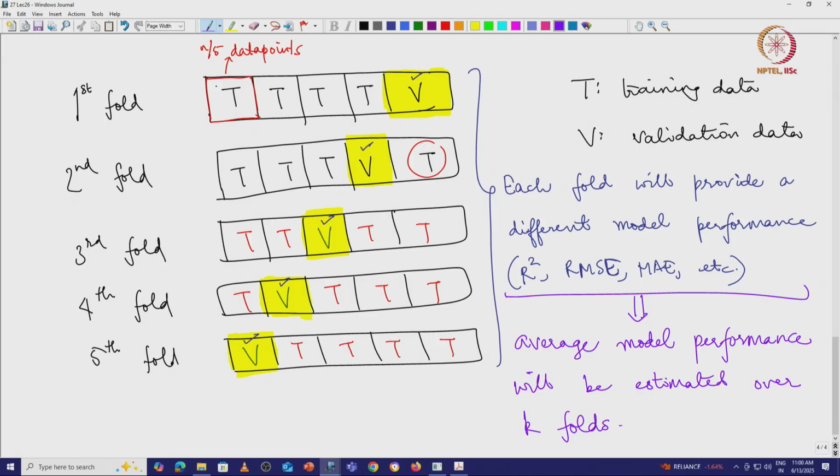Essentially it will not happen that on one validation set your model performed really well and you thought the model was good, but then when you use the second fold validation set your model did not perform well. Then the model is not as generalizable as you would have thought. So that is the nice part about k fold cross validation.